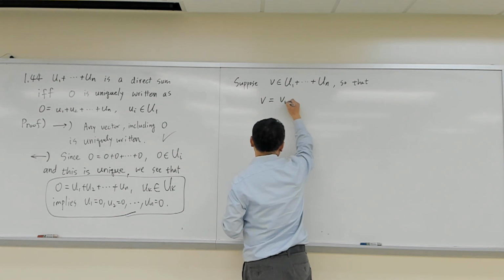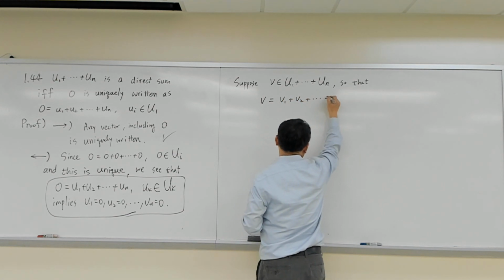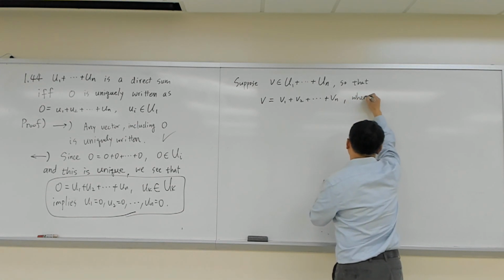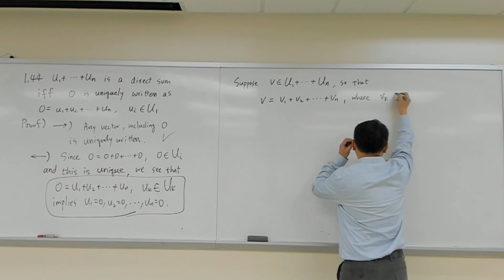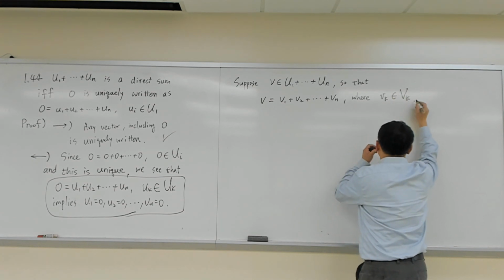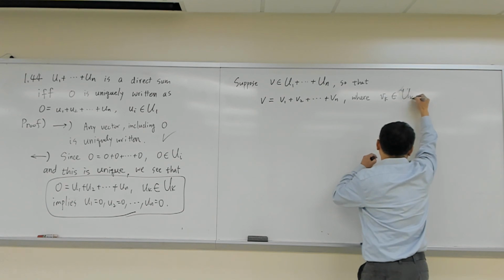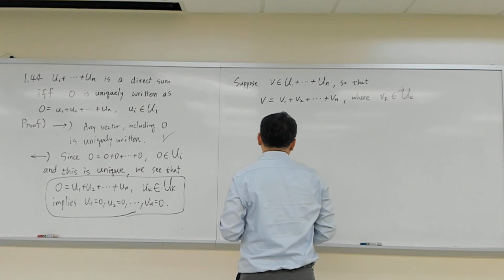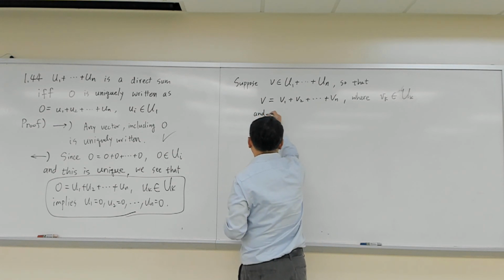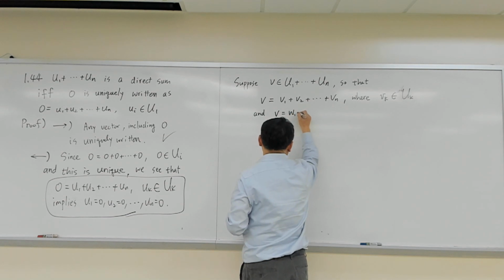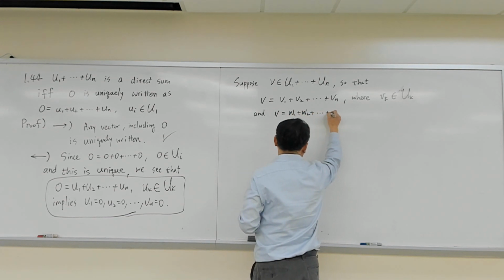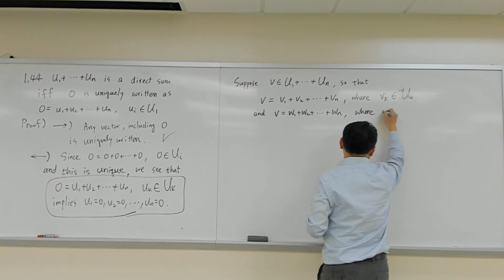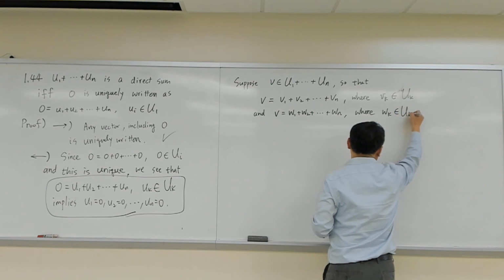Let me use v1, ..., vn, where vk is in Uk, sorry, Uk, equal to w1 plus w2 ... wn, again, where wk is in Uk.